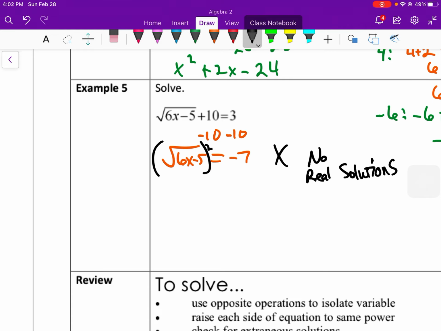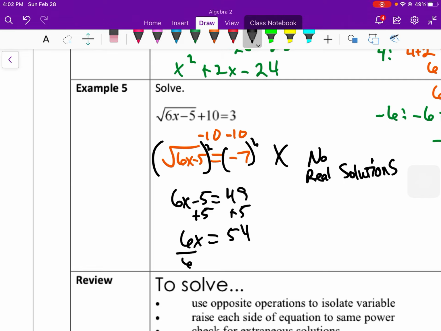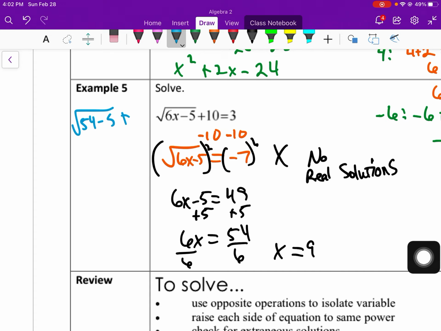So square both sides. So we have 6x minus 5 equals 49. Add 5 to both sides. So 6x equals 54. Divide by 6. X equals 9. So let's plug 9 in. So that would be the square root of 6 times 9 is 54 minus 5 plus 10.